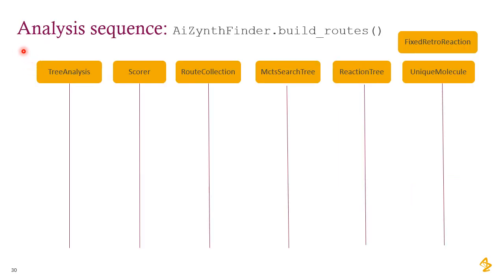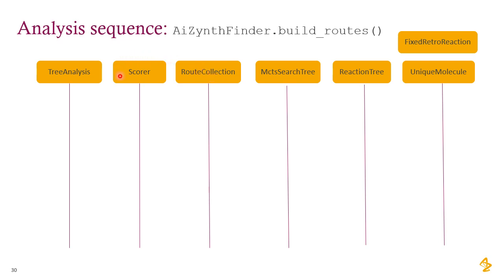So now we will see how AiZynthFinder extracts routes from a search tree, a Monte Carlo search tree. And it will do that in the build routes method. And it will use these helper classes that I showed way back: the tree analysis class that knows how to extract information from a search tree, and the route collection, which is a container of routes.